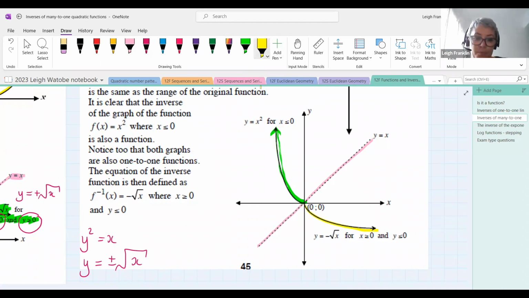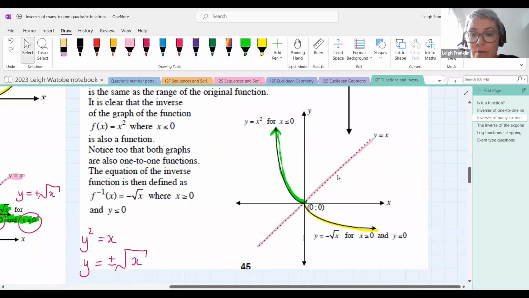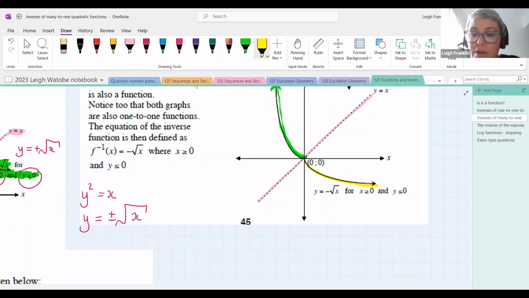So here I am considering where x is positive, but where y is negative. Can you see the sign of y has changed? So y is equal to negative root x, where x is positive and where y is negative, because I'm in the fourth quadrant. X is positive there, y is negative. So when I go back to this original thing over here, I'm now considering the negative one.